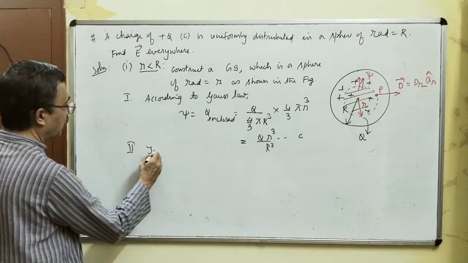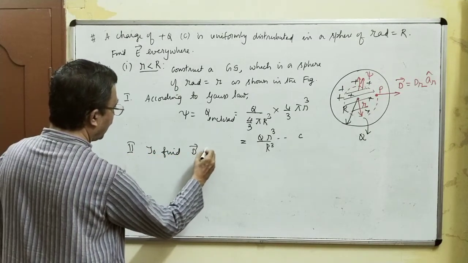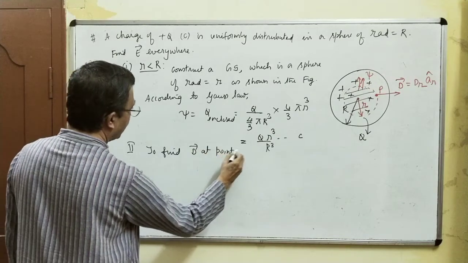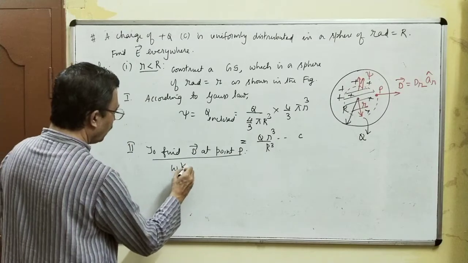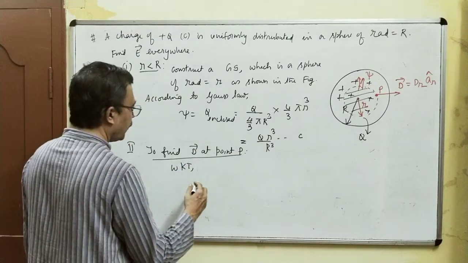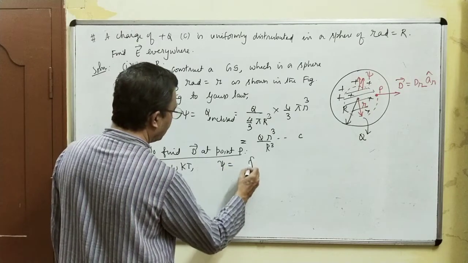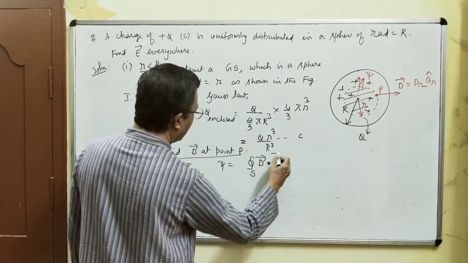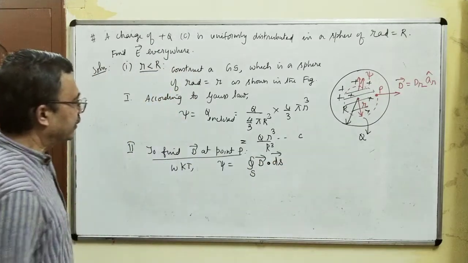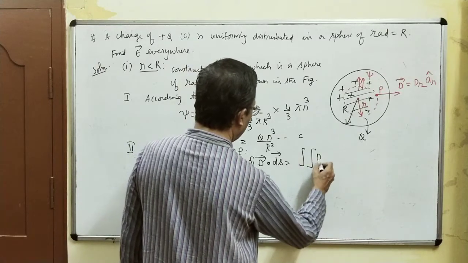Step number 2. To find vector D at point P. We know that psi is equal to the closed surface integral of vector D dot dS. This is nothing but a double integral. What is vector D?